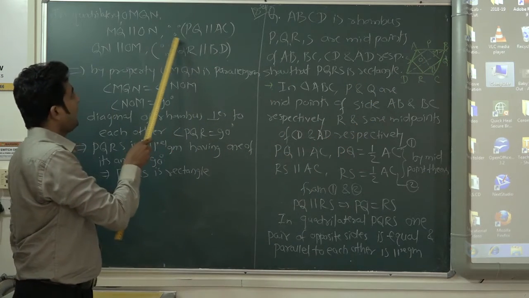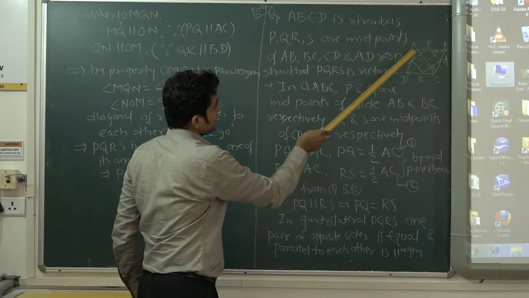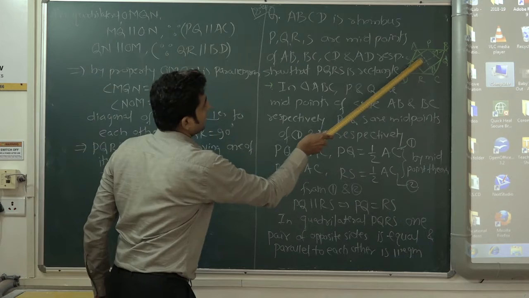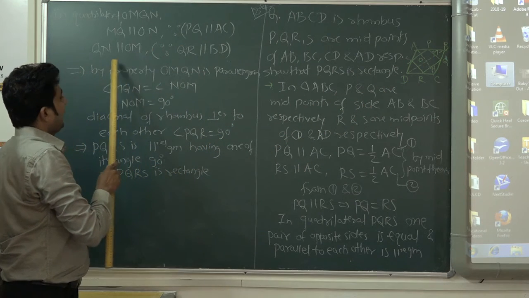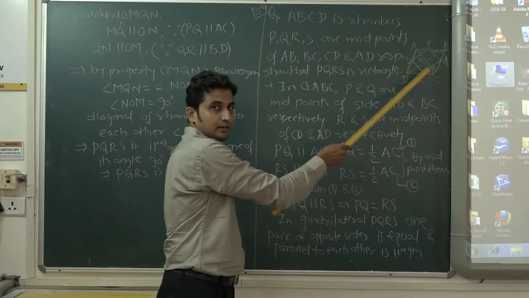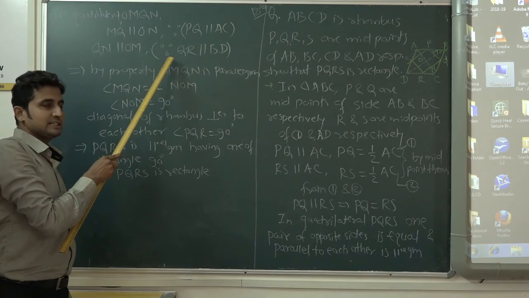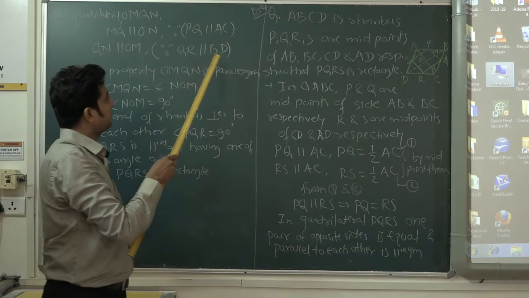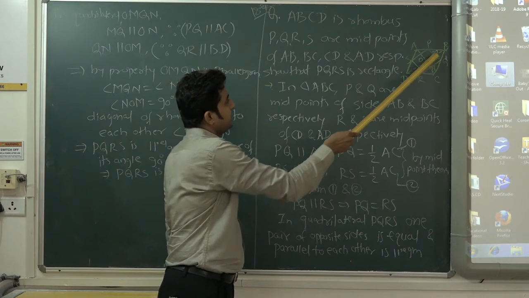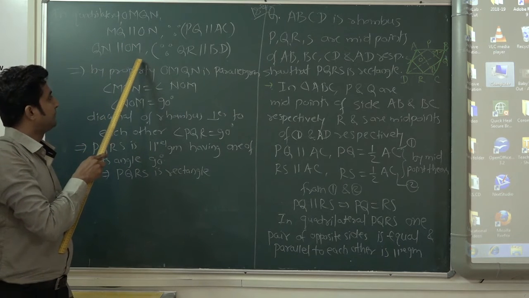Yes, it is, because PQ is parallel to AC, and hence MQ is parallel to ON. And QN is parallel to OM. How could we say this? Because QR is parallel to BD. For this we can say that QN is parallel to OM.